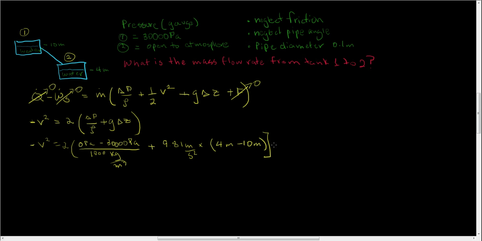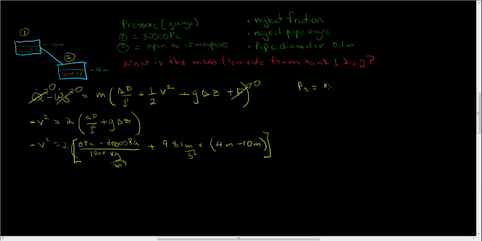And all of this will give us negative v squared. Now what are the units of this? Here we get meters times meters over second squared, so meters squared per second squared. And for the pascal, this is important. This can be tricky if it's your first time doing it.